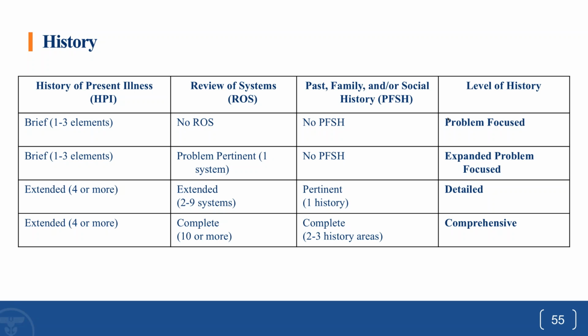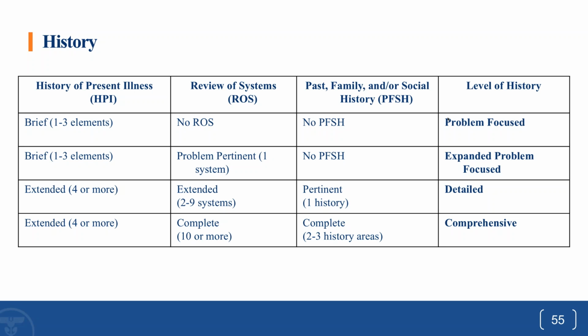That counts as a pertinent PFSH, right? If I said, have you had any prior hospitalizations and were you in the military? And the patient answers, or if they ask them about alcohol or drug abuse, that's also part of your social history. Then I've asked from the past and I've asked for the social. So now that makes it complete.